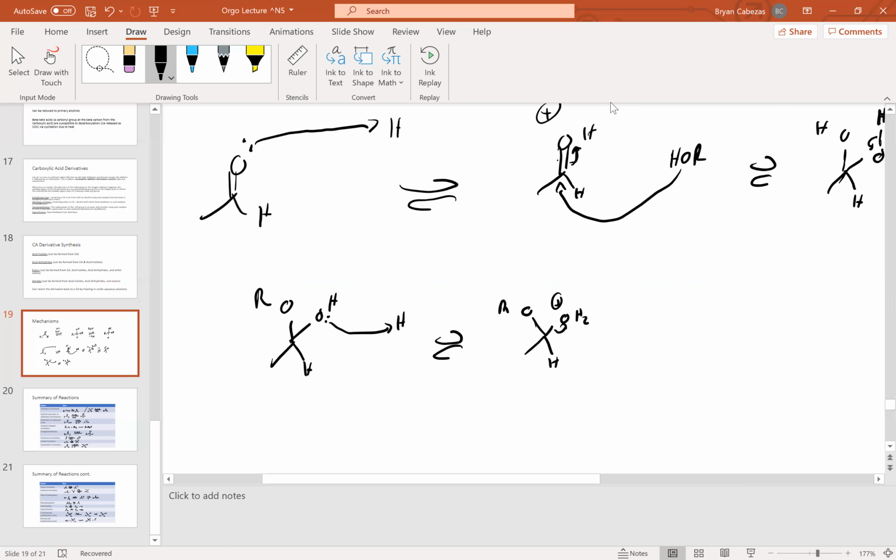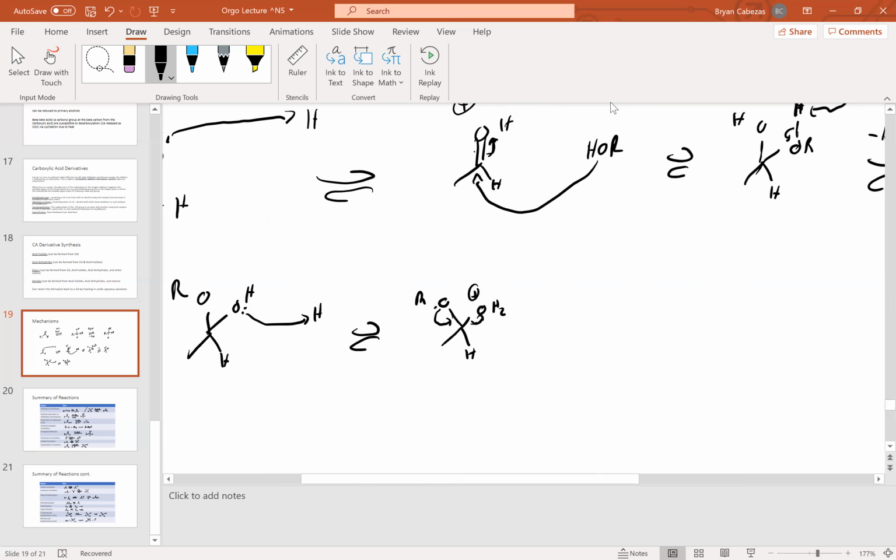Once this bond leaves and is taken by the oxygen, the lone pair on the ether group is going to make a double bond with the carbon to prevent it from becoming a carbocation. Like such.